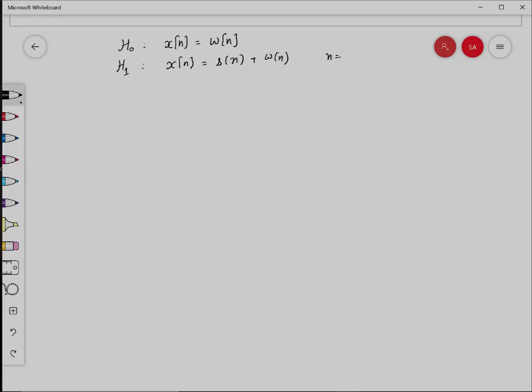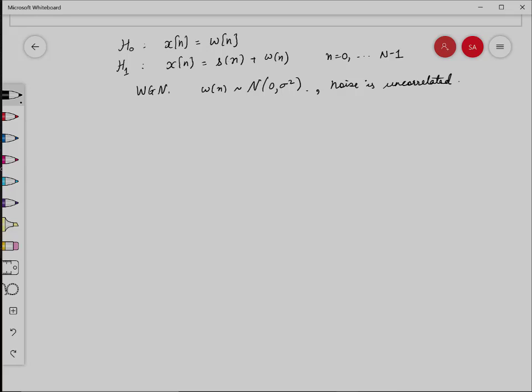The noise we have taken to be white Gaussian noise with mean 0 and variance sigma square, and the correlation between the noise samples is 0. That means the noise is uncorrelated.